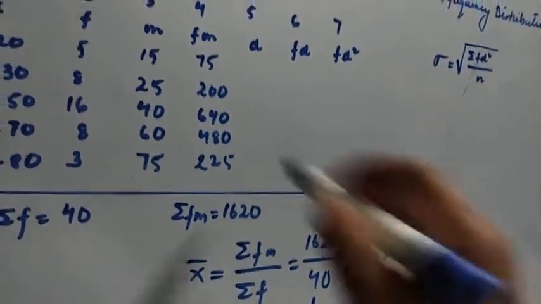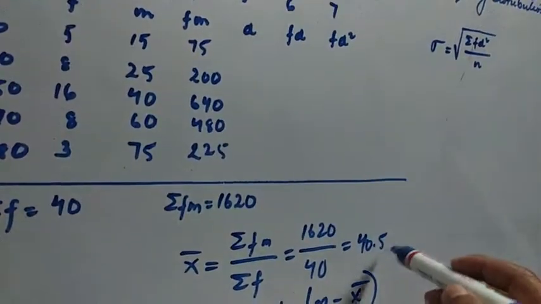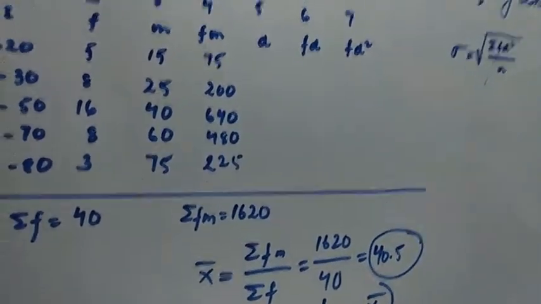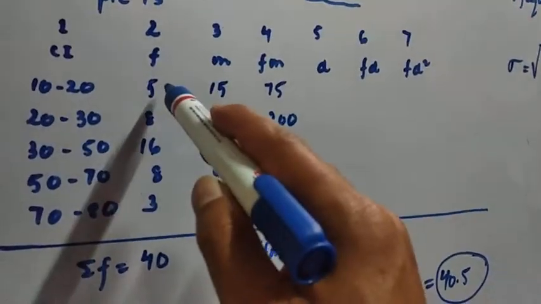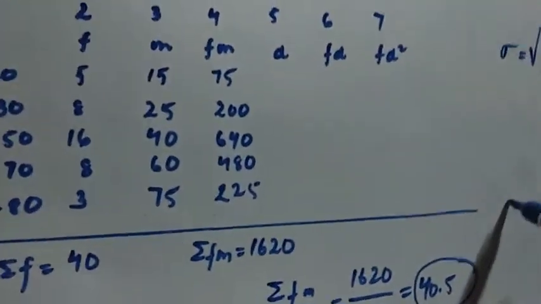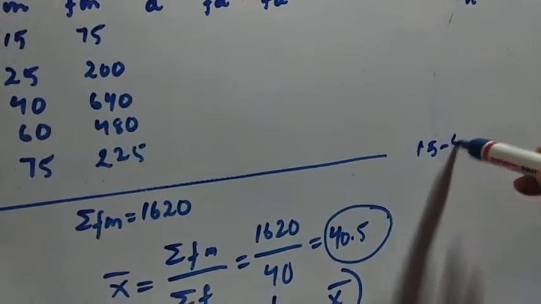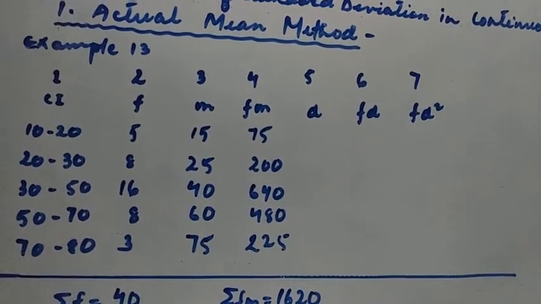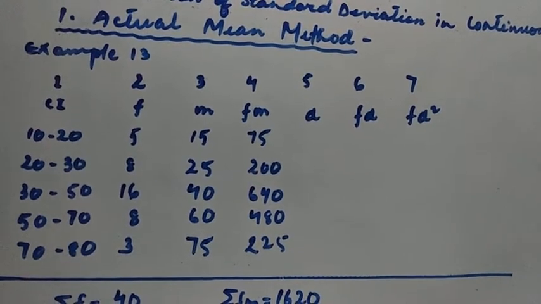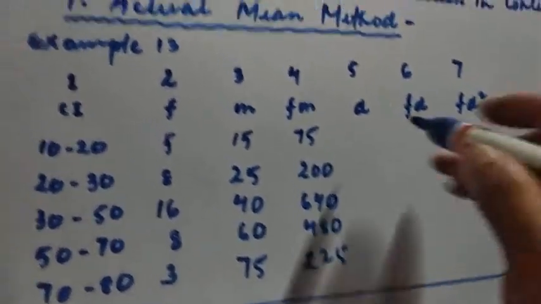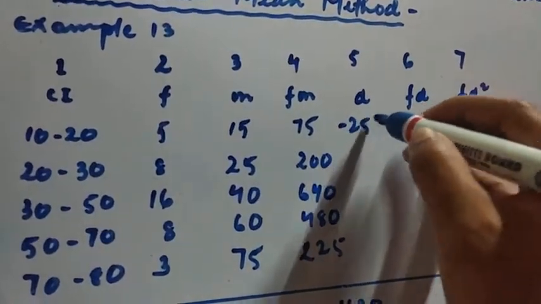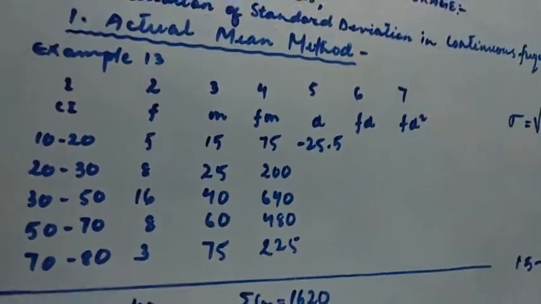Now x bar is 40.5, and d equals m minus x bar. M is this one, and x bar is 40.5. So 15 minus 40.5 is minus 25.5.